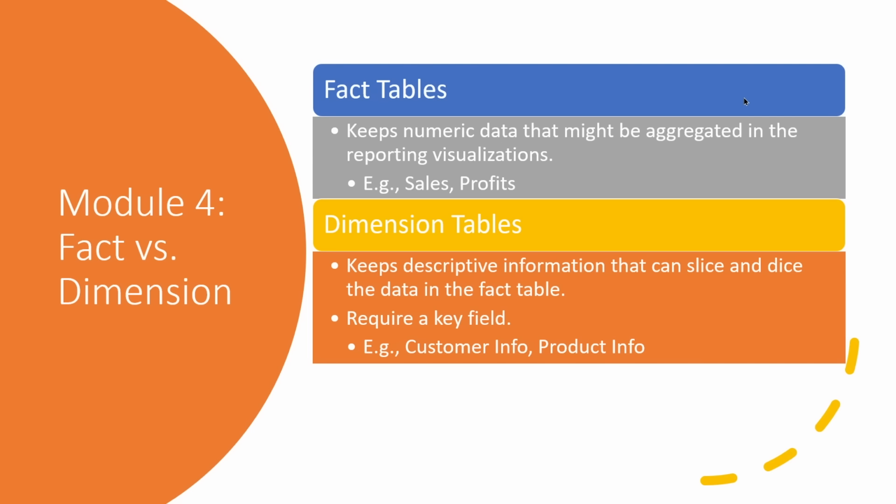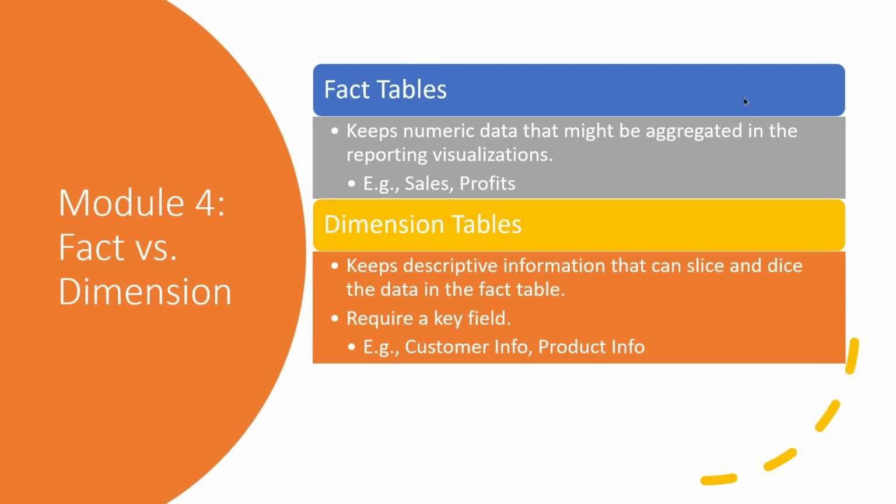Let's talk about fact tables first. Fact tables keep numeric data that might be aggregated in reporting visualizations, for example, sales and profits. Dimension tables keep descriptive information that can slice and dice the data in the fact table. They require a key field, which you'll learn about very shortly.